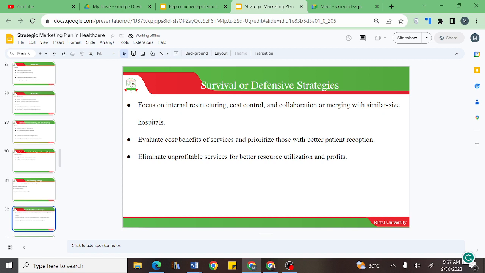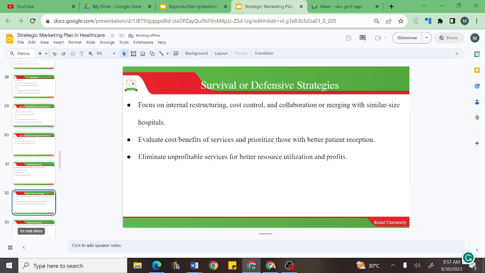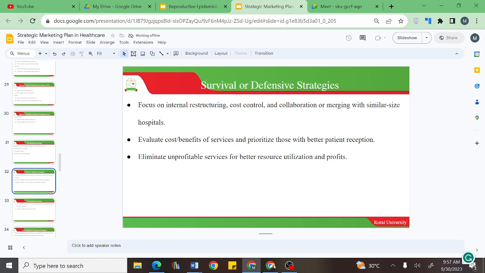To do this, you need to do a cost-benefit analysis of the services and prioritize where you can actually perform better. Eliminate services that are not bringing revenues, such that you have cost optimization, resource optimization, and profits. So concentrate where you are doing well.